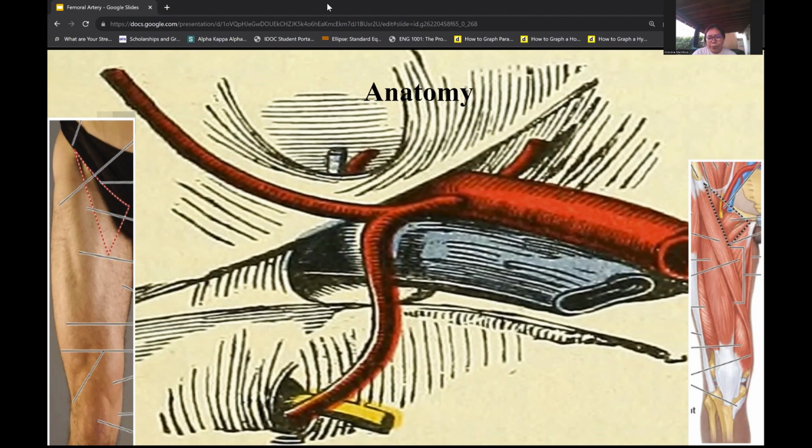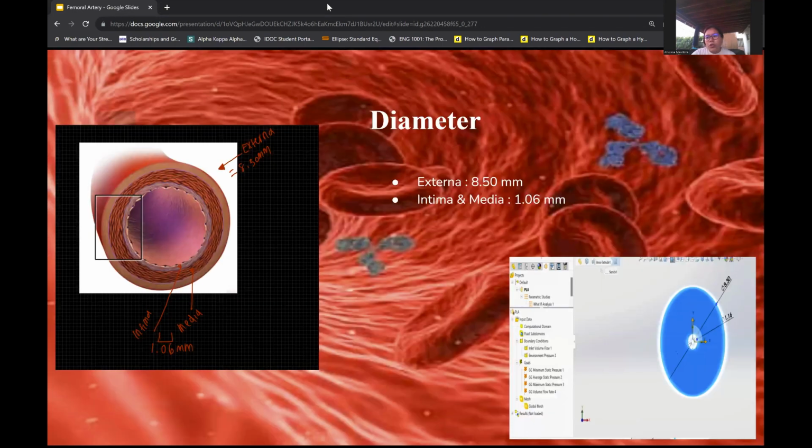Now, when we're talking about the diameter, the reason why I came up with this measurement is because of the intima and the media. They have several layers when you discuss the artery overall.